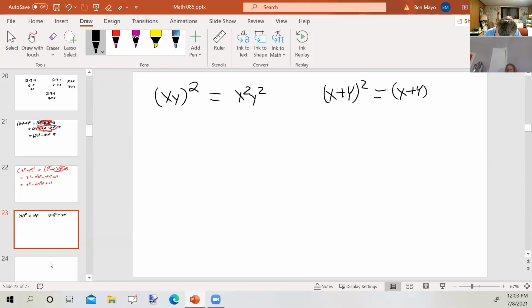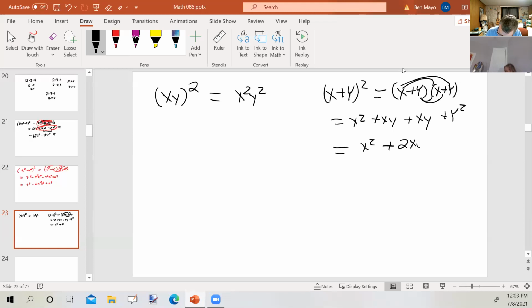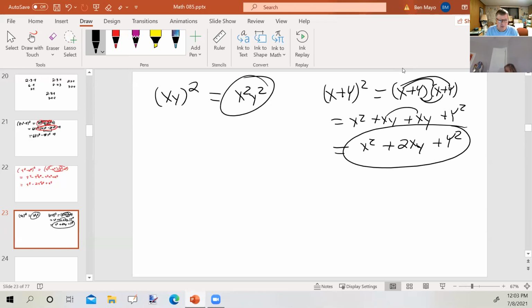You get x plus y times x plus y, which is x squared plus xy plus yx, which is also xy, plus y squared. That's x squared plus 2xy, combining like terms, plus y squared. So again, make sure you see the difference between those two ideas.